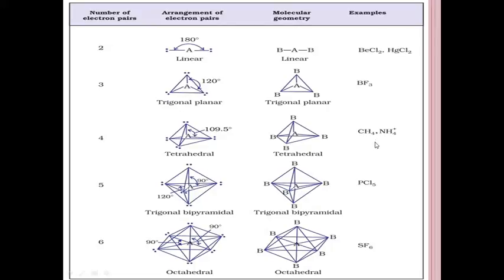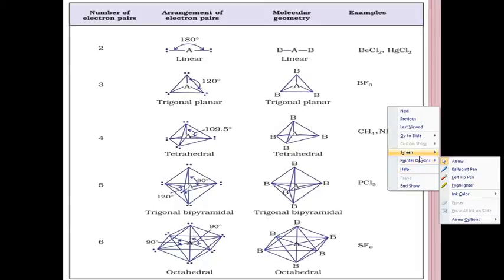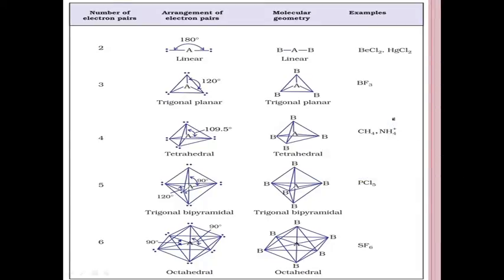An example is methane and ammonium, NH4 plus. It's not ammonia. Ammonia is NH3, and here we have NH4 plus. Ammonia is different and ammonium is different. Now if you have 5 bond pairs, then it is trigonal bipyramidal.